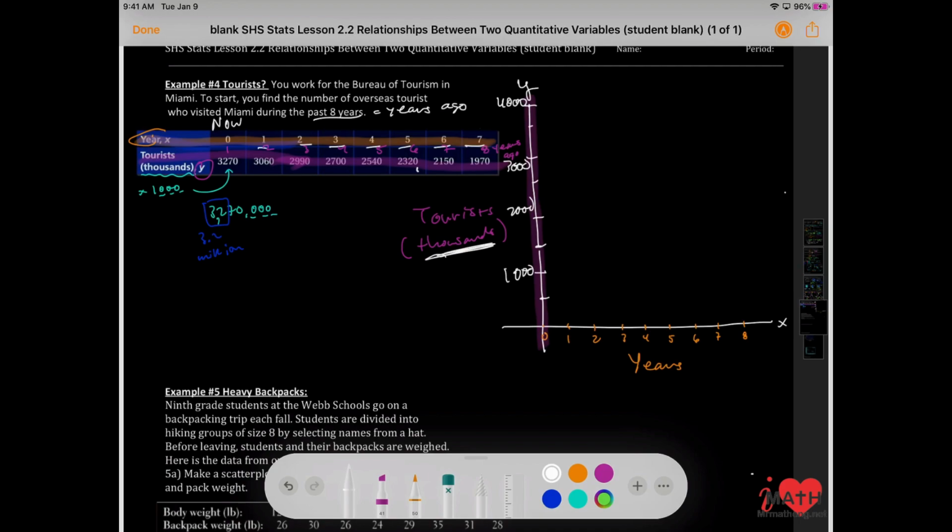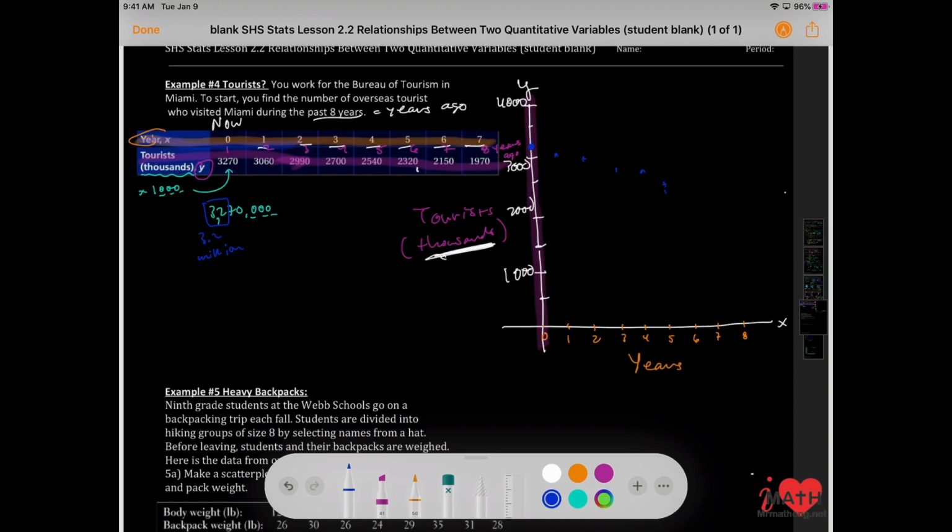now this one's definitely super important, okay? And let's just go ahead and put our points. So 0, just think of it as an ordered pair. 0, 3,270. 3,000, that's 3,500, so somewhere in there. 1 and 3,000. 2 are around 3,000. 3 and 2,700. 4 and 2,500. 5 and 2,300.